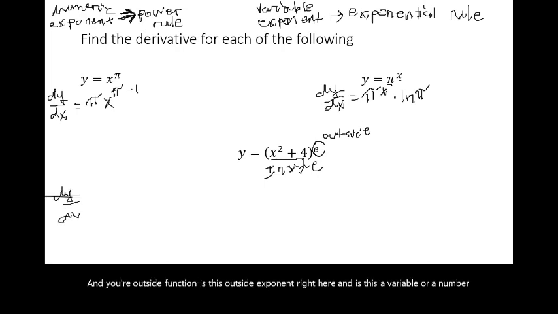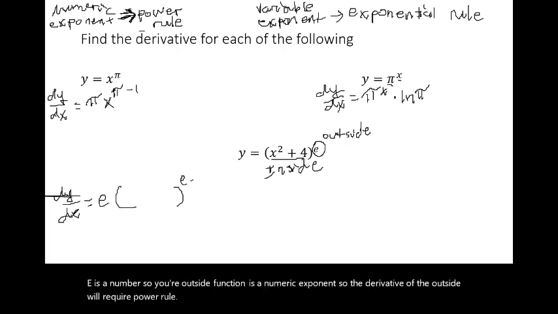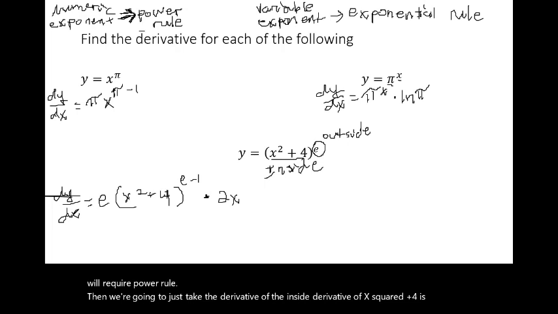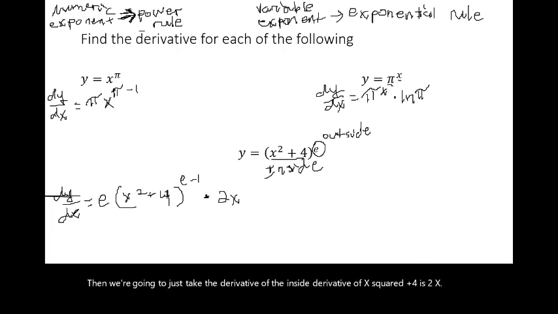So for the derivative of the outside, we're going to move down the power and decrease the power by 1, leaving the inside alone. Then we're going to just take the derivative of the inside. Derivative of x squared plus 4 is 2x. So pay attention to whether your exponent is a number or whether your exponent involves a variable. They use two completely different rules.